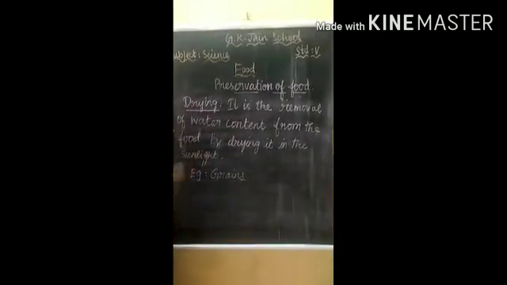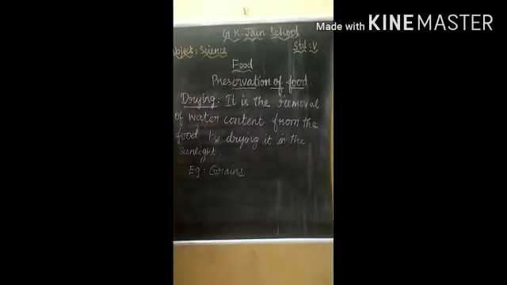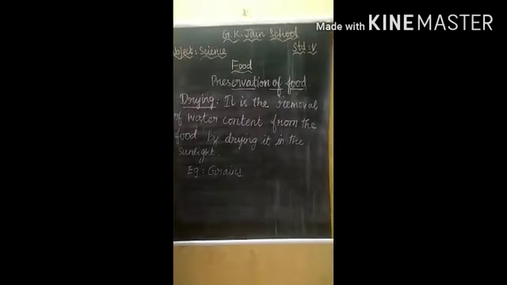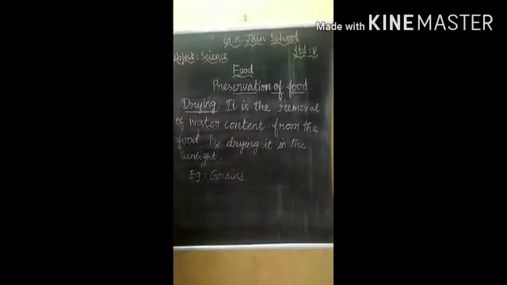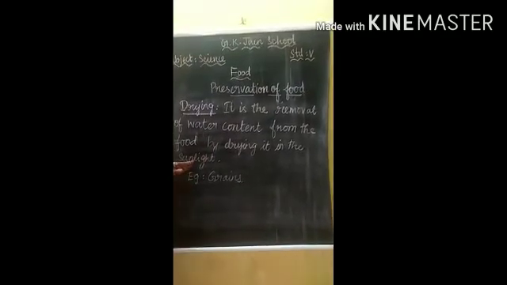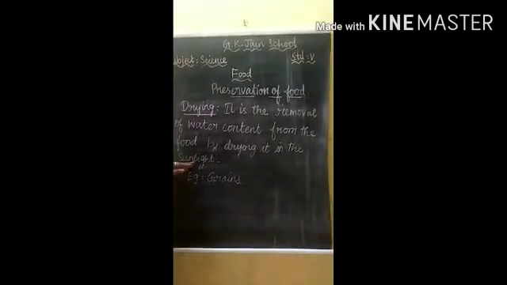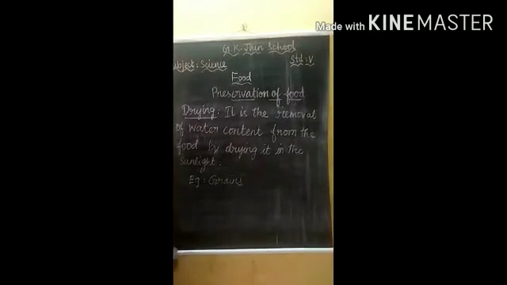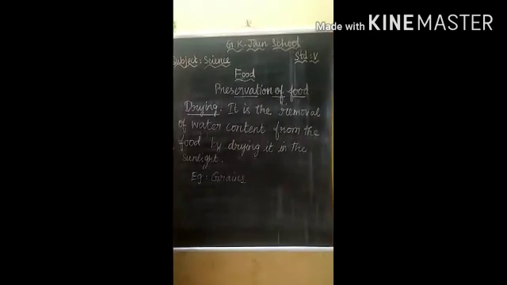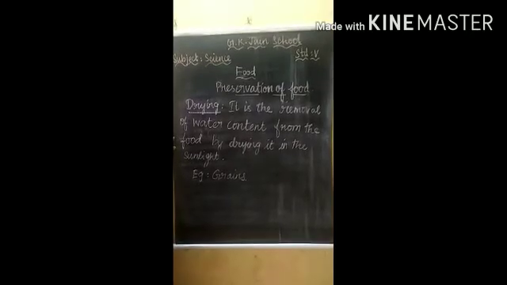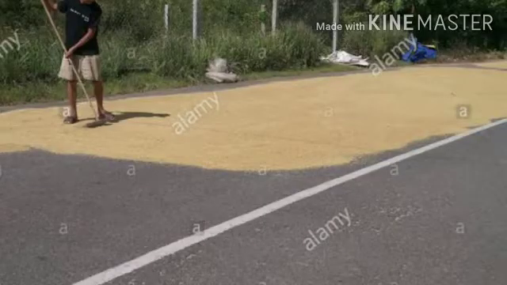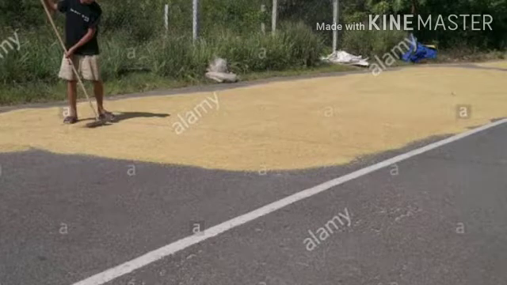When we keep the food material under sunlight, it will absorb all moisture from the food. So it will be preserved and will not get spoiled. For example, grains are the best example for the drying method.